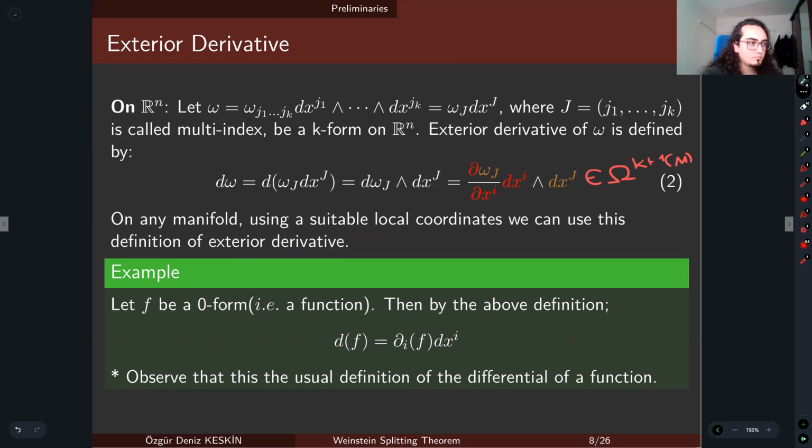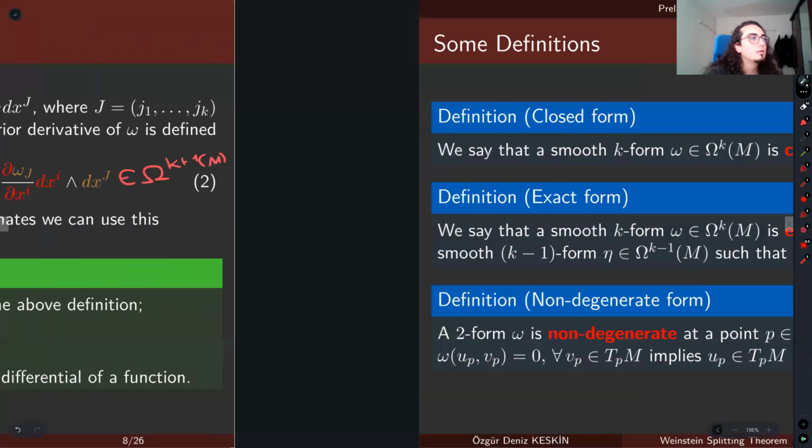To show the naturality of this definition, assume a zero-form f, which is actually just a function. Then by the above definition, the exterior derivative of f becomes this expression, but this is the usual definition of the differential of a function we know from calculus.